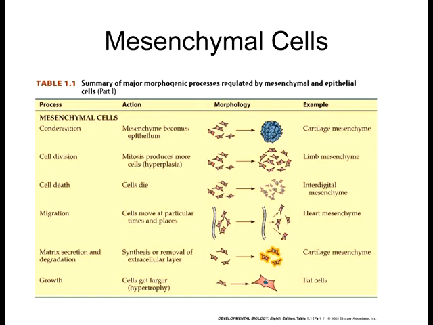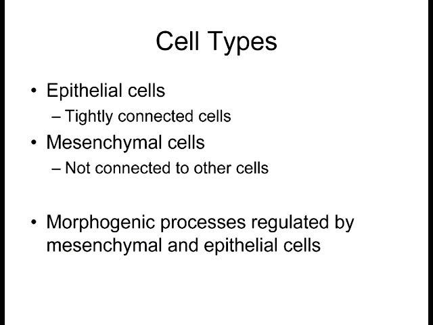And cells can go from epithelial to mesenchyme back to epithelial during this process of morphogenesis. They don't always stay as one. They can originate as epithelial, then they change and they become mesenchyme as they move, and then they'll reform new sheets and become epithelial cells again. So really, again, epithelial just means connected, and mesenchyme means loose or not connected to other cells.